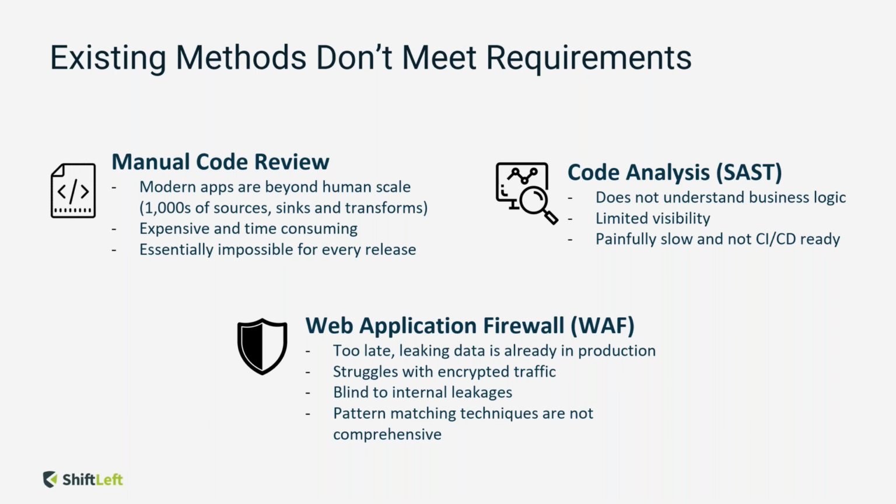And there are also issues with the controls that you put. So with WAF and RASP kind of applications, the fact that they are in production and the fact that most web applications today are enabled for HTTPS encrypted traffic, the moment you put in a WAF, you now need to decrypt the traffic, you need to process it, you need to re-encrypt it.